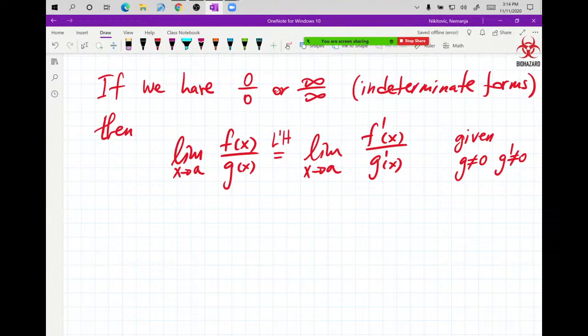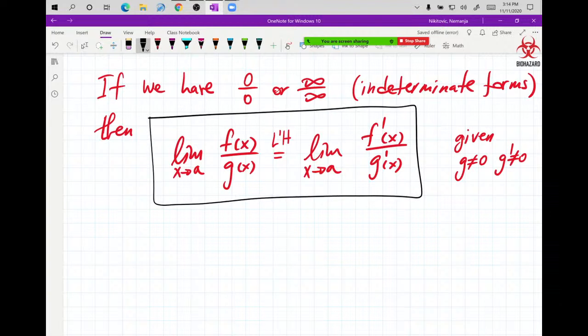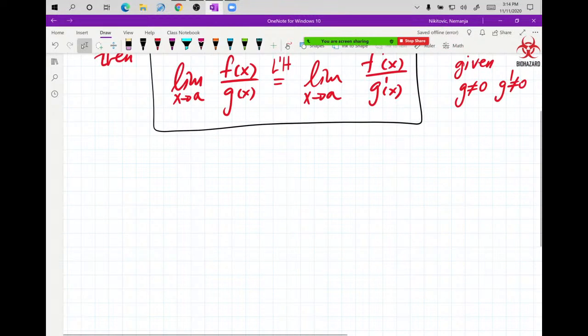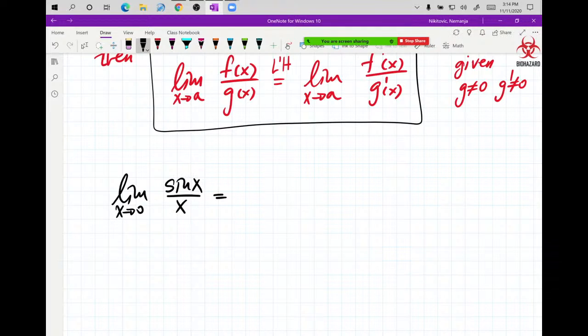So with that cleared up, we can immediately practice this on the problem which I promised in the past that I would do first, because I did ask you at one point in chapter 3 to just trust me on the fact that the limit as x goes to 0 of sine x over x is equal to 1.